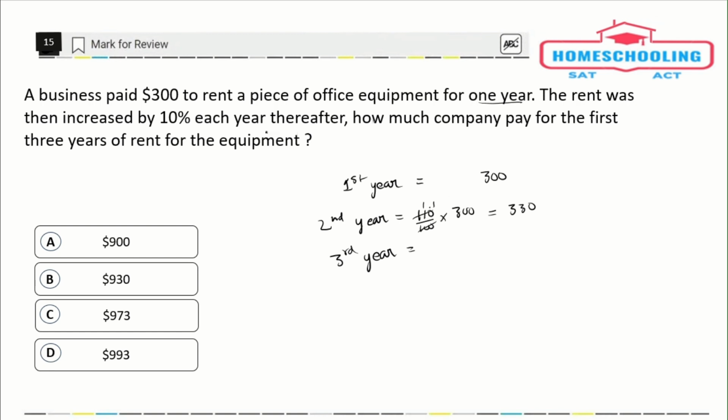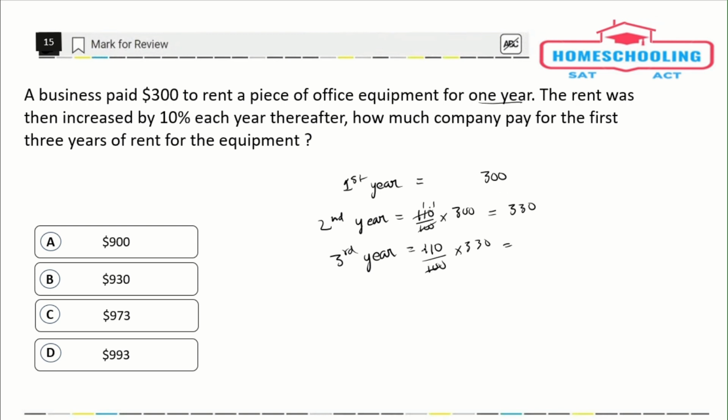Now third year rent is also increased from previous year by 10%. So 110%. And what was the rent of the previous year? That is 330. We'll not take 300. For second year, we will take 300. For third year, we will take second year. For fourth year, whatever the value of third year would be, we take 110% of that.